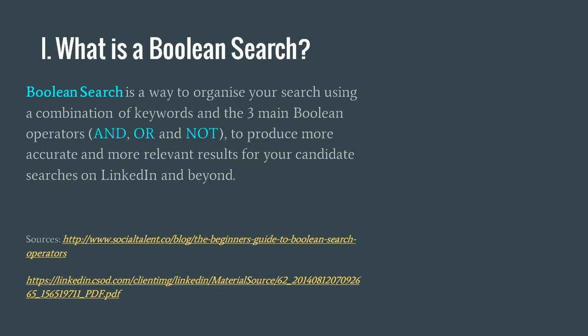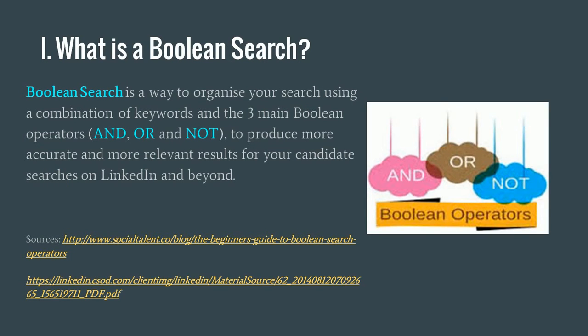According to them, a Boolean search is a way to organize your search using a combination of keywords and the three main Boolean operators, the AND, OR, and NOT. These are the modifiers in order to produce more accurate and more relevant results for your candidate searches on LinkedIn and beyond.